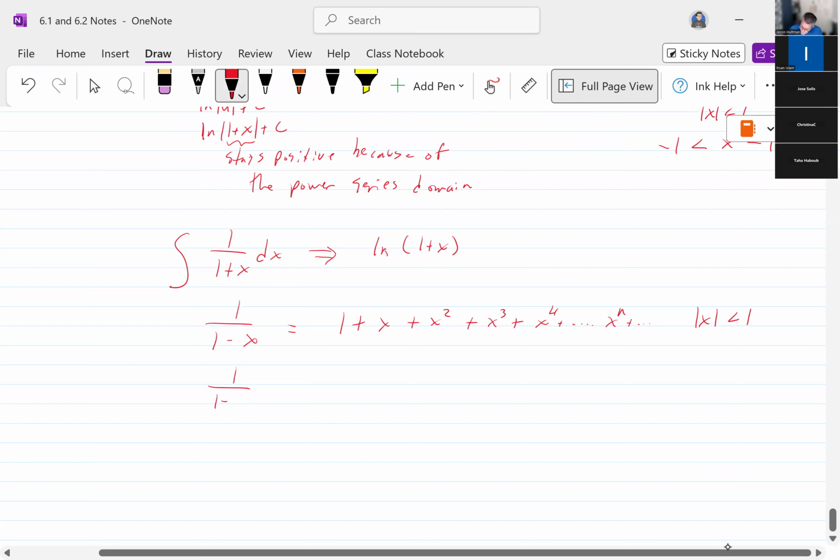And 1 over 1 minus negative x is going to be 1 plus negative x plus negative x squared plus negative x cubed plus negative x to the 4th plus dot dot dot plus negative x to the nth power, where the radius of convergence is the absolute value of negative x, which is just the absolute value of x. It's the same radius of convergence. R is equal to 1.